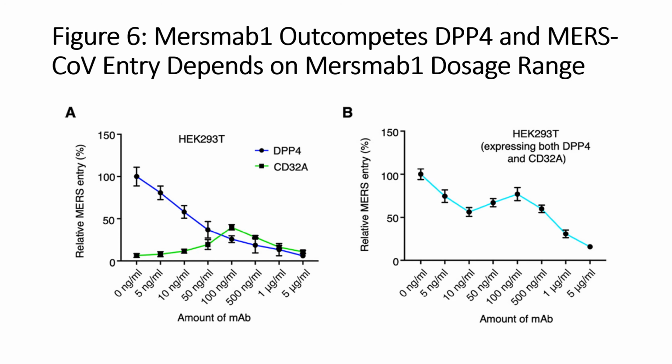So the researchers explained that when both DPP4 and CD32A are present on the surface of the cells, the MERS monoclonal antibody inhibits the viral entry by blocking the DPP4 dependent entry pathway at low concentrations, but it also promotes viral entry by enhancing the CD32A dependent entry pathway at intermediate concentrations, which is why we see the up, and then we see the down, because the MERS monoclonal antibody inhibits viral entry again by blocking both the DPP4 and the CD32A dependent entry pathways just at high concentrations.